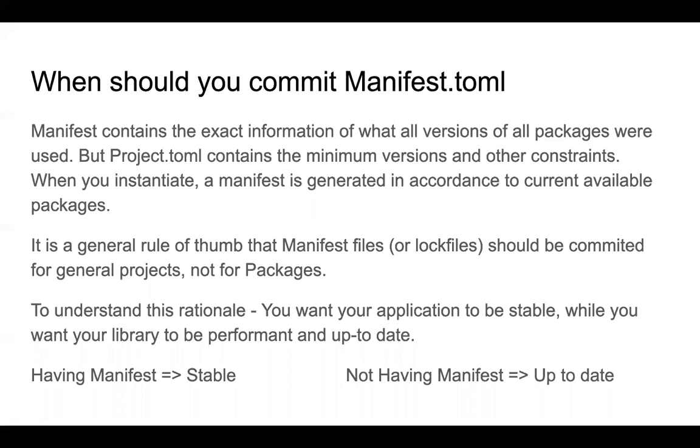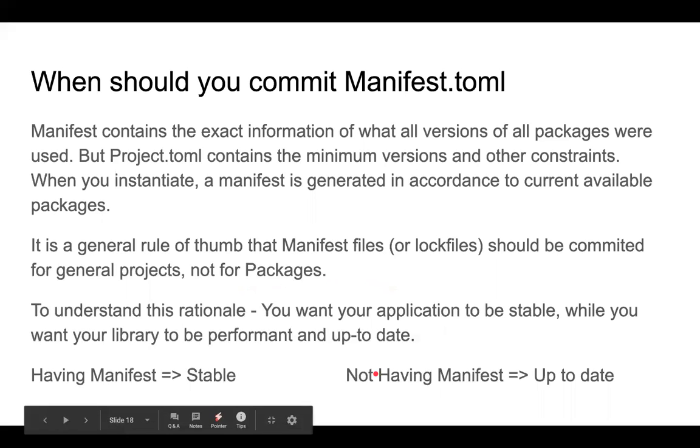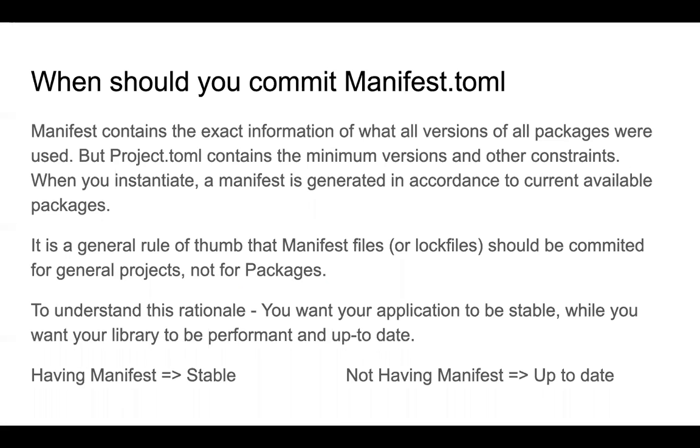So Project.toml only stores those things, but Manifest.toml includes all of the smallest details. Suppose I added OrdinaryDiffEq.jl. Project.toml will add compatibility constraints and dependencies, but the Manifest.toml file will log the exact version that was installed.